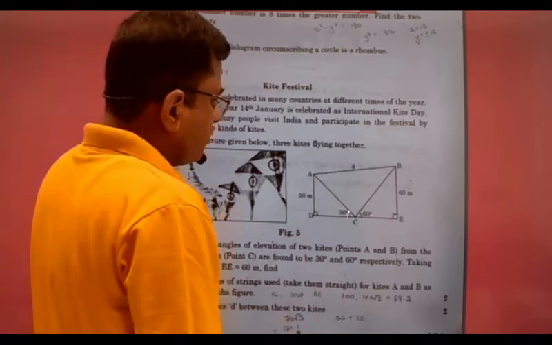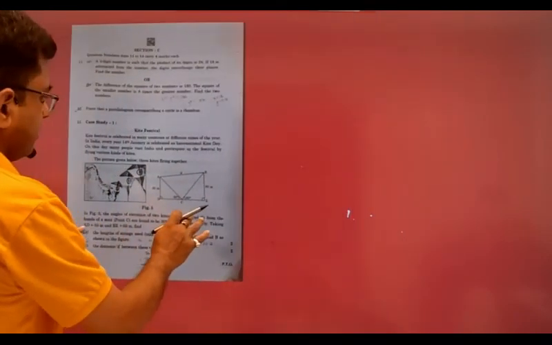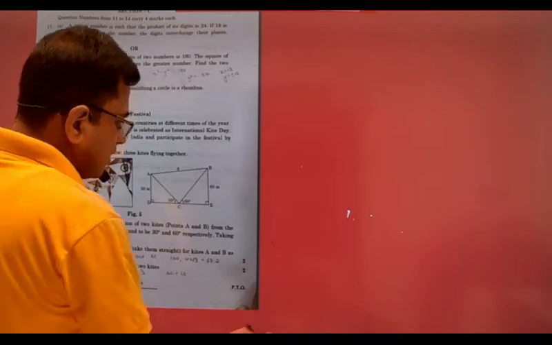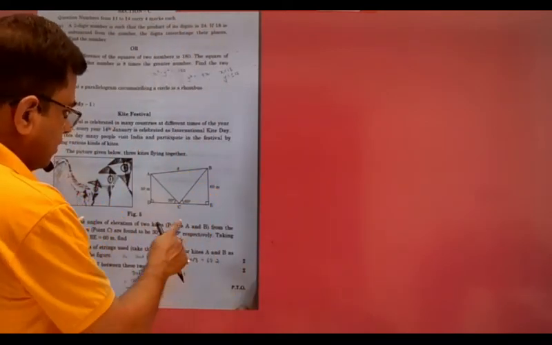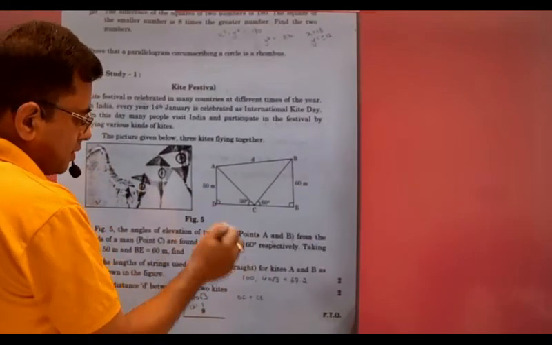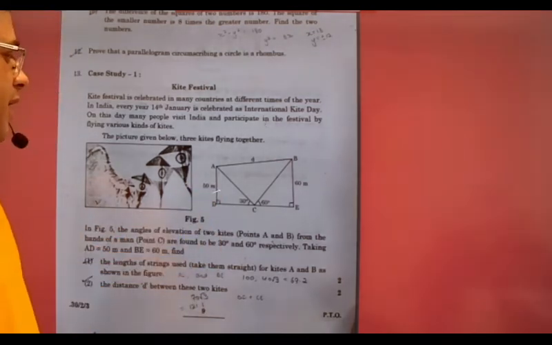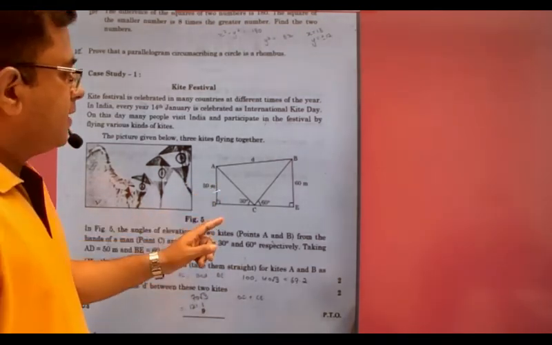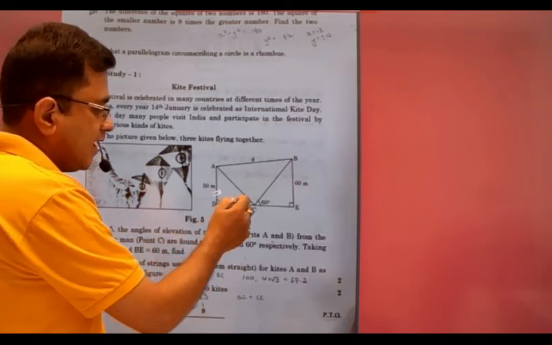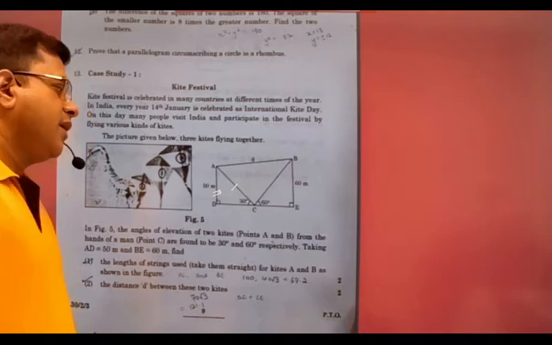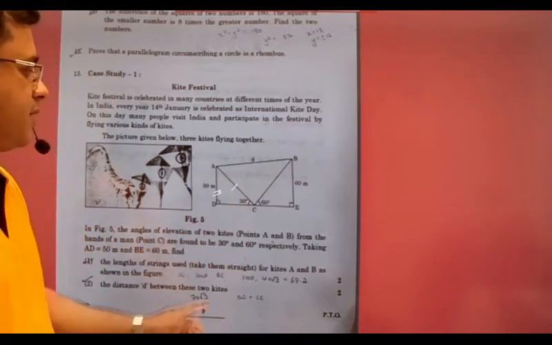So let us do this. How can we do this? If you take triangle ADC, then you have to make the relationship between the perpendicular, the angle and the hypotenuse, because this is the value you need, the AC.